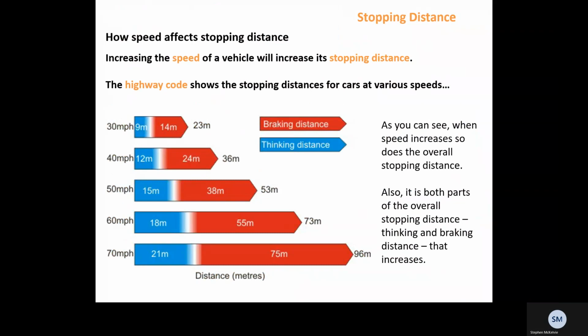This is an incredibly interesting graphic for those of us who are on the road. This gives us a stopping distance for cars at various speeds. So your thinking distance is the amount of distance you travel before you even think about pressing the brake. If you're traveling at 40 miles per hour, the highway code says that you can travel 12 meters before you even start pressing the brake. And it can take you 36 meters in total to stop, and up to 24 meters for your brakes to work in your car.